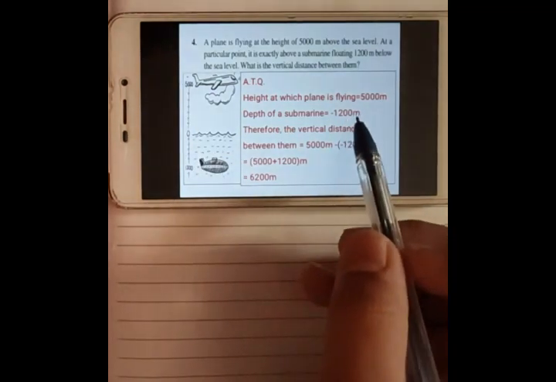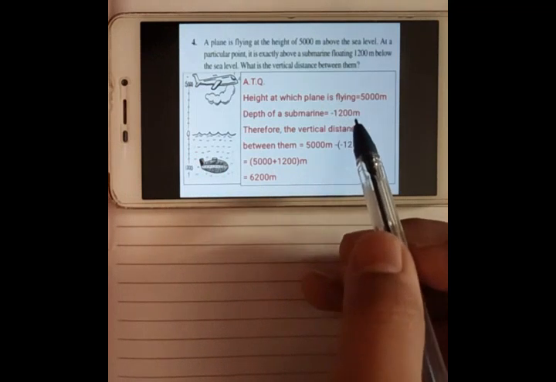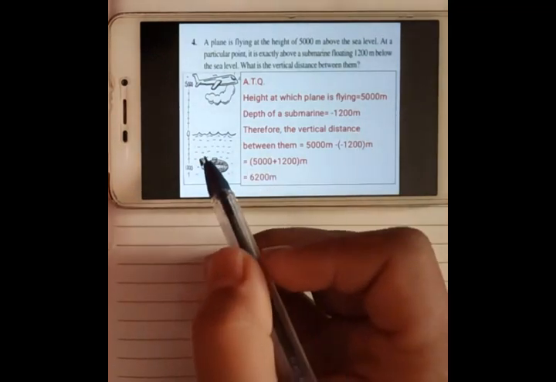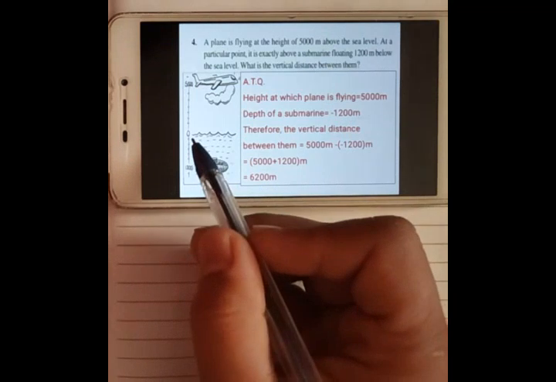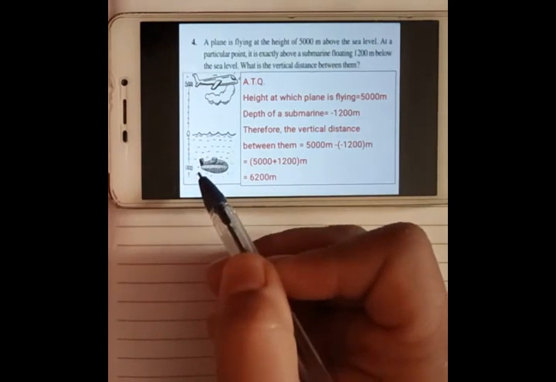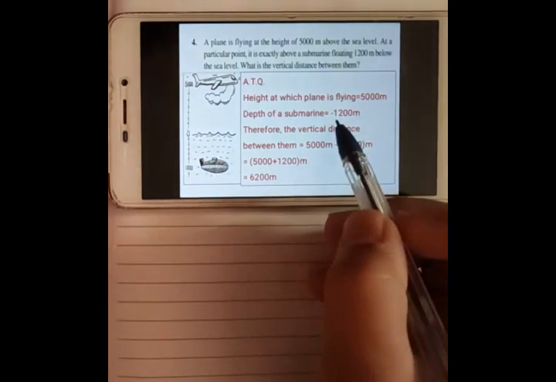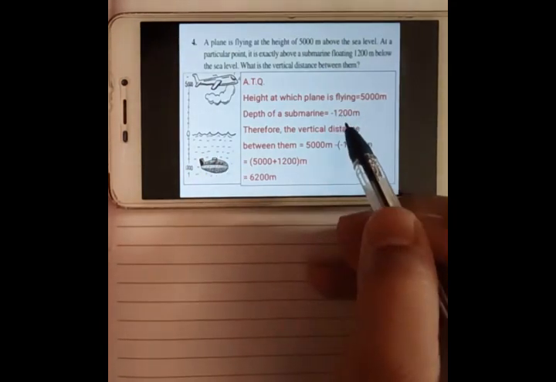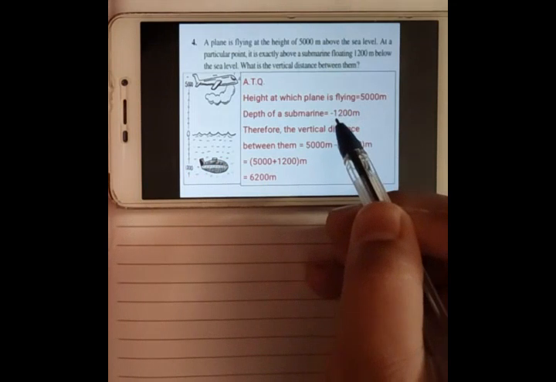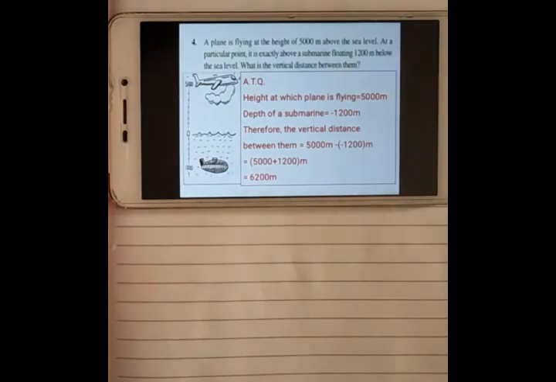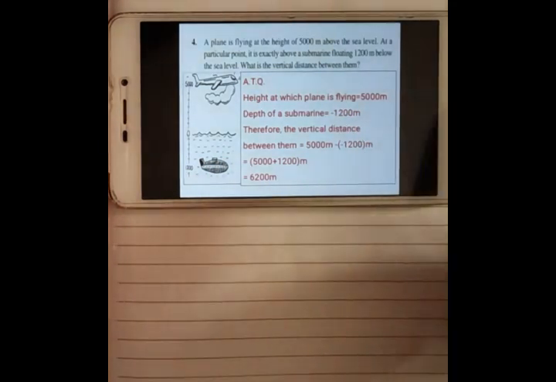Do not write 1,200. We have to write minus 1,200. Why? Because they are saying that it is below the sea level. So few students have made this mistake here, that you have written only 1,200. You have to write minus 1,200. Okay. So like this you'll solve it and you'll get the answer 6,200 meter.